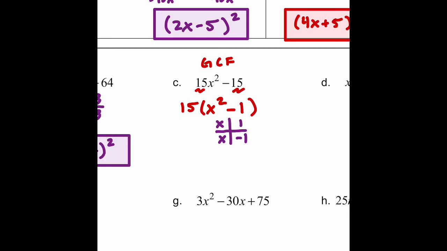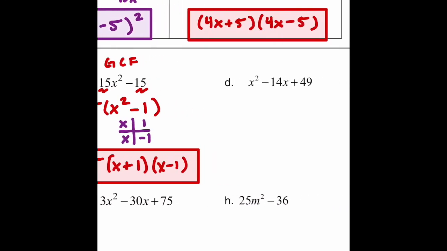Your clue that you probably have more factoring, if you're wondering like how do I know to keep t-charting, is if you have x squared, there's a chance that you would be able to do the t-chart. So that's why I said, okay, well I still have x squared, so I'm going to try a t-chart here, and this one does work out. And so then my final answer looks like this. It's going to be 15 and then x plus 1 and x minus 1. And we've got our factored form there.